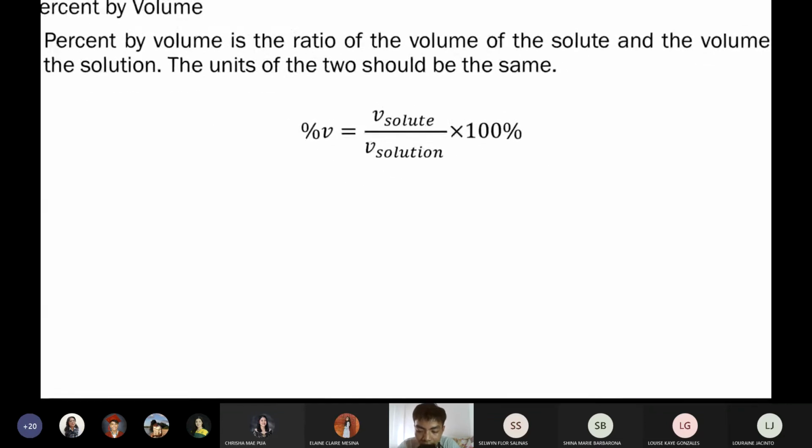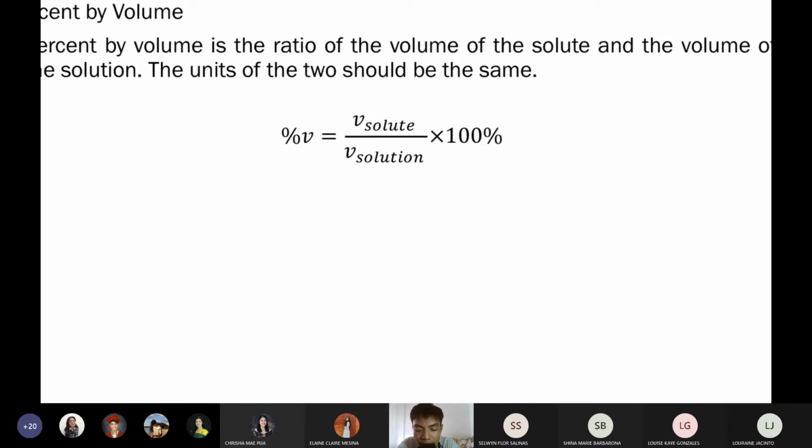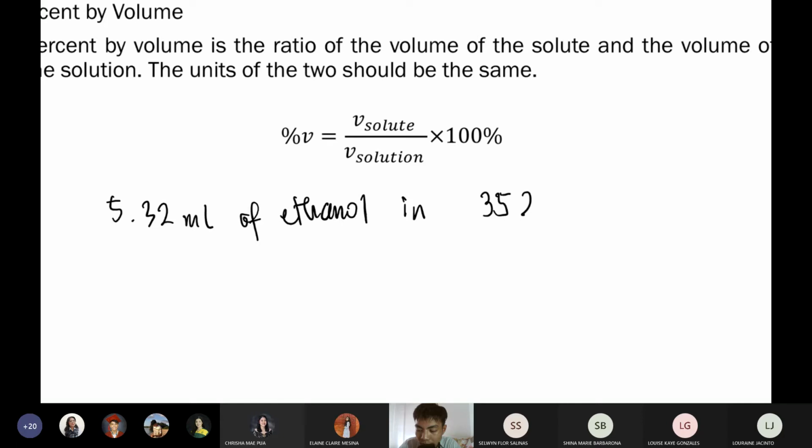Bago yung problem na yon, kuha tayo isang example. Kunwari, I have 5.32 ml of ethanol in 352 ml of solution.